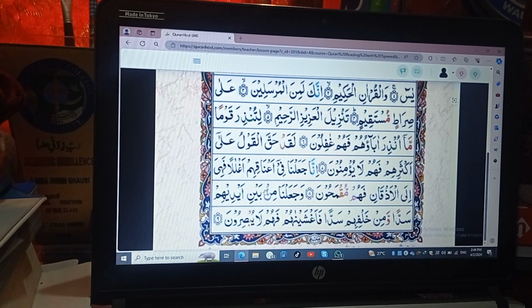In some Quran Pak, like in this Quran Pak, meme is written over noon, indicating that here you have to apply the rule of iqlab or inversion. Otherwise, we have to remember that whenever ba is preceded by noon sakin or tanween, then we have to read meme instead of noon, and we have to prolong the letter for approximately 2 seconds. So we will read these words as mimbaini.